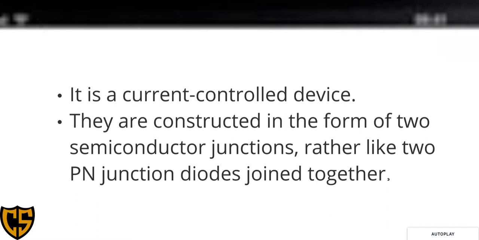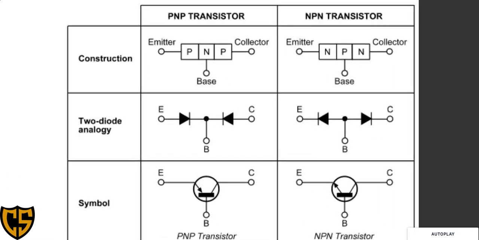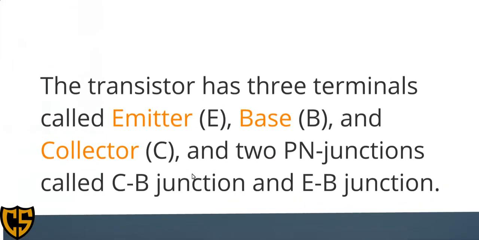They are constructed in the form of two semiconductor junctions, rather like two p-n junction diodes joined together. The symbols of our transistors are familiar.